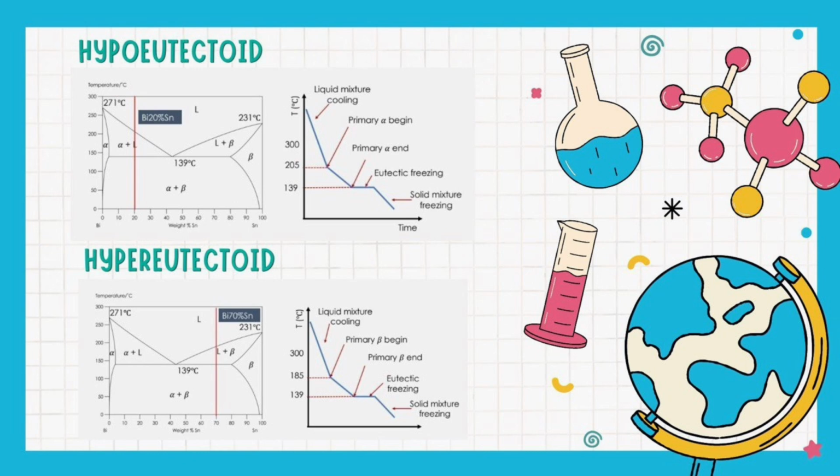Both of them have almost the same cooling system, because when you look at the graph that will be provided, it is just the same for each, but hypoeutectoid requires alpha and hypereutectoid requires beta for the cooling part. Also the same for the process in hypoeutectoid and hypereutectoid.